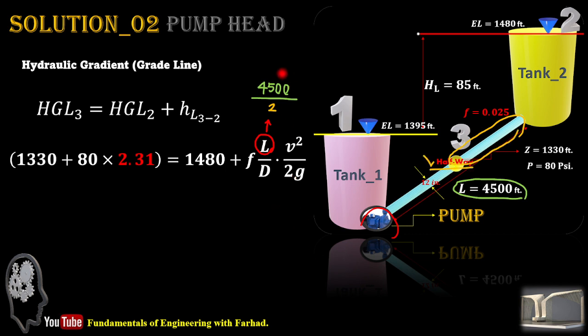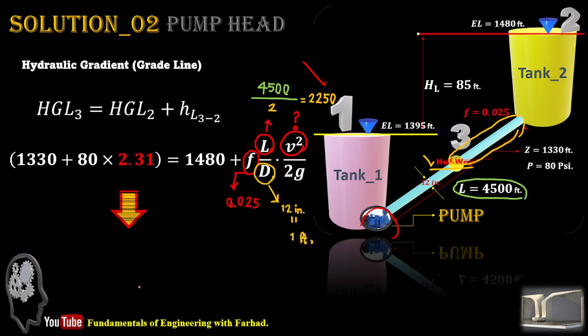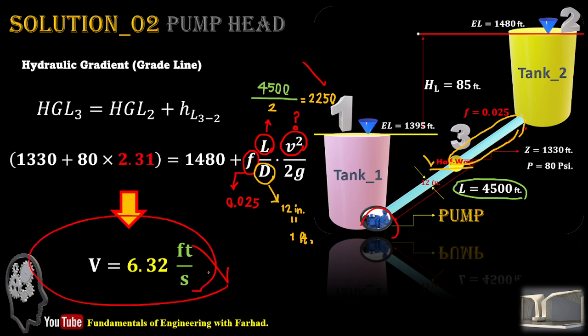So we just divide the length of 4,500 feet by 2, and that gives us 2250. Likewise, we are looking for velocity, and it gives us a velocity equal to 6.32 feet per second, like the previous solution, and from here the difference begins.